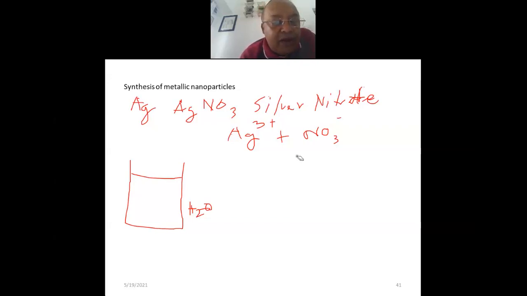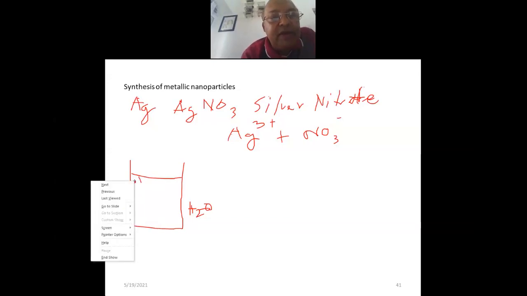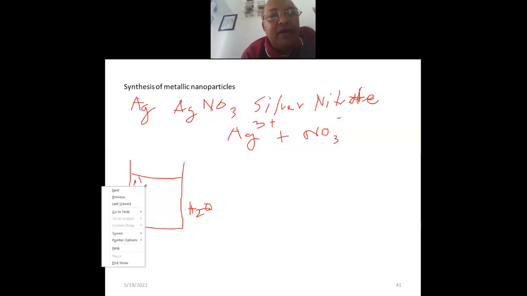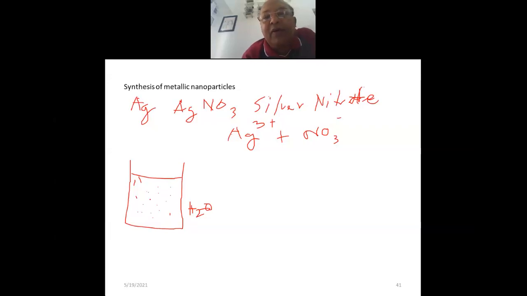And what will happen now? Let me use the pen again. Here in the water, we have many of these. Let me just put them as some dot-like structures. We have many of these silver ions here, all in the form of Ag3+.